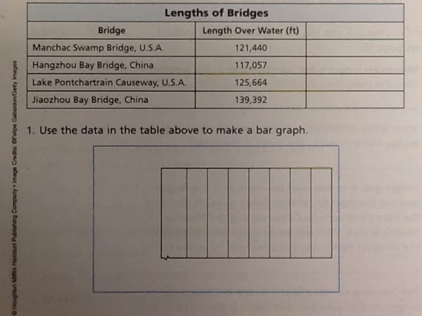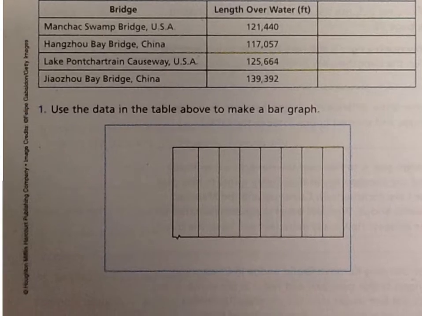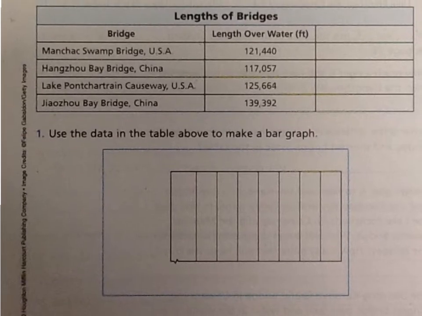So when we're making the graph, just because I don't have a whole lot of room to write, I'm going to number these 1, 2, 3, 4. When I make my bar graph, I'm going to write 1, 2, 3, 4 on the graph because I don't have enough room to write all that.